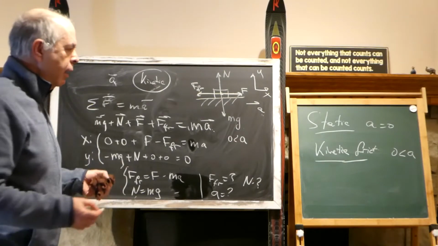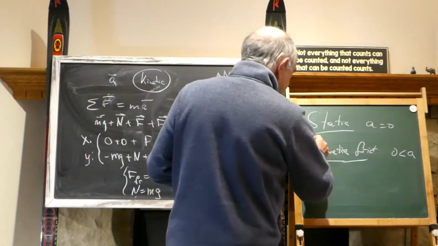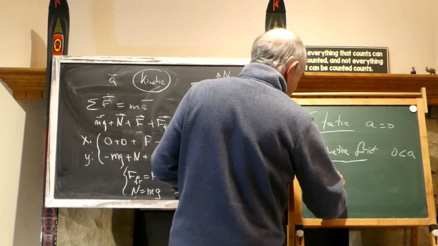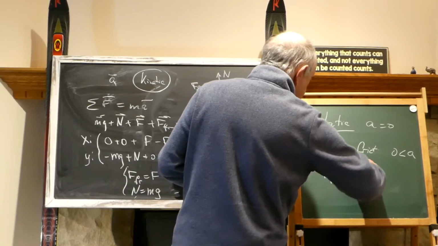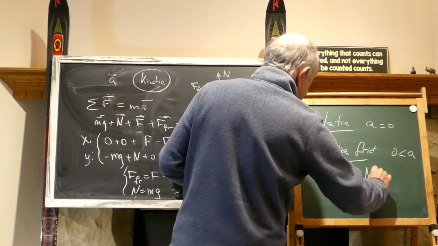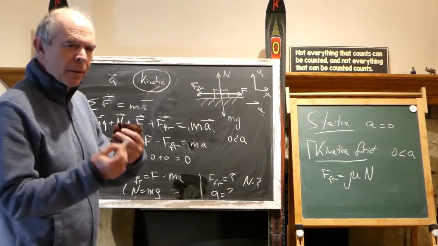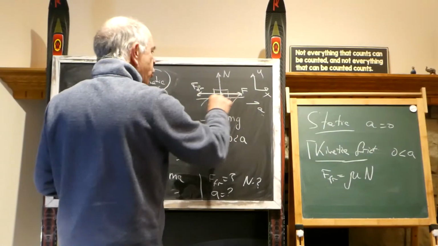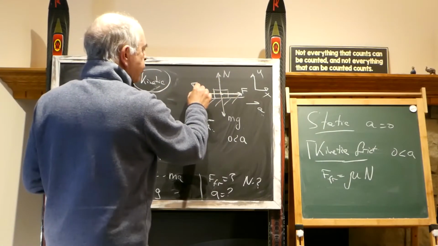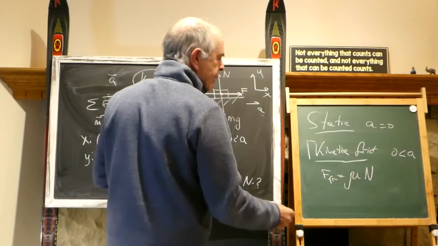But thankfully, when we have the kinetic case, we can always say that F friction equals mu multiplied by n. So this is a strange way about the friction in the kinetic case. When we're moving, when we're sliding, this force is a portion of this n.